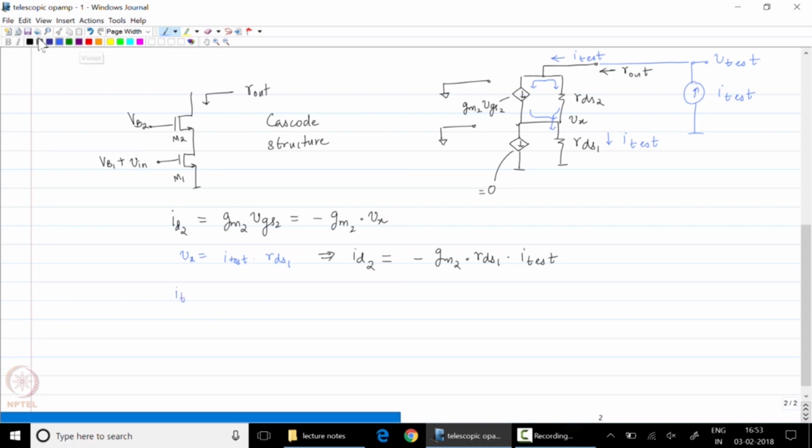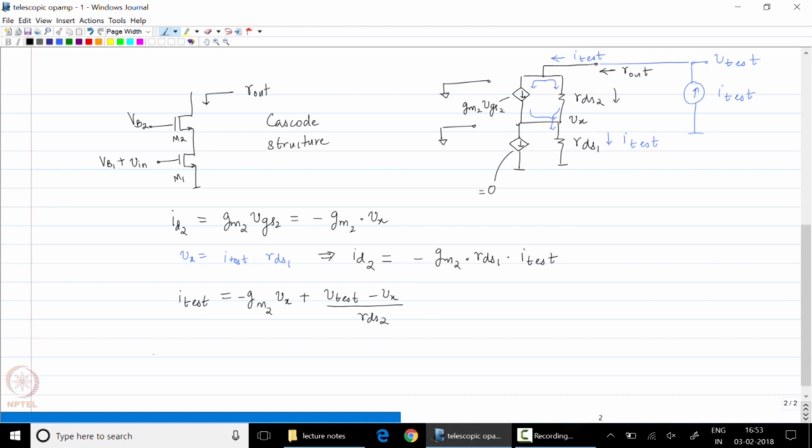So I test is the current flowing into the output node. I test splits as minus GM2 Vx plus V test minus Vx by RDS2. So the two currents, minus GM2 Vx and V test minus Vx by RDS2, flow through the resistance RDS2.